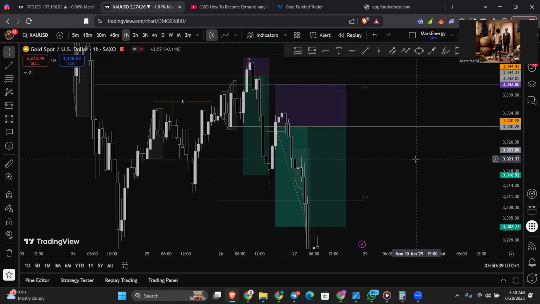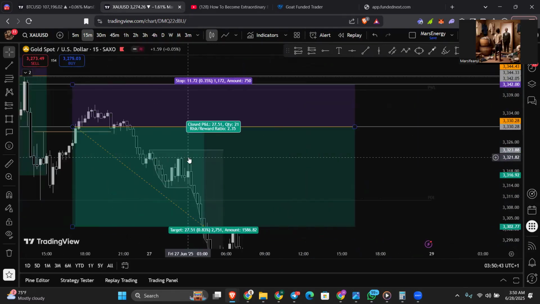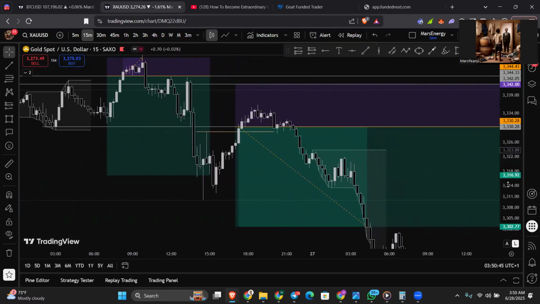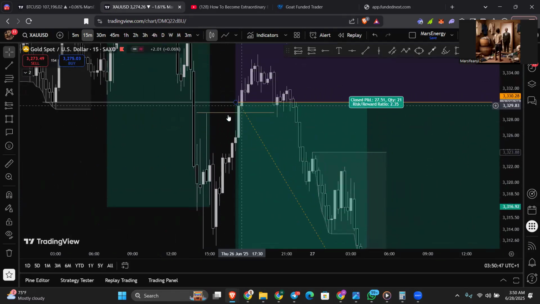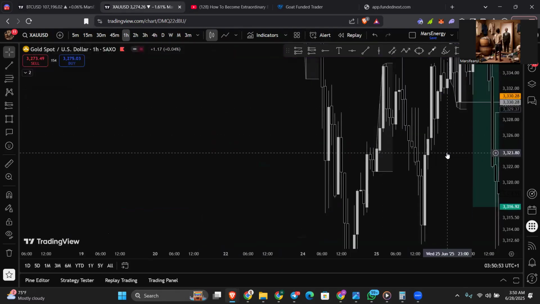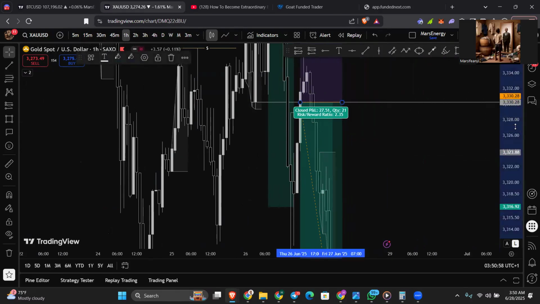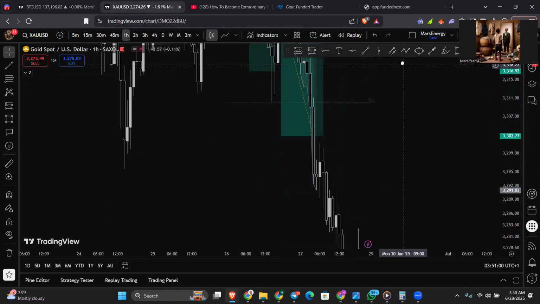So if you go down to 15 minutes, you are going to see that area more clearly. This is the high I was using as my liquidity, so that is where my entry is. Then I was targeting price. I think I did 7 RR for this particular trade.